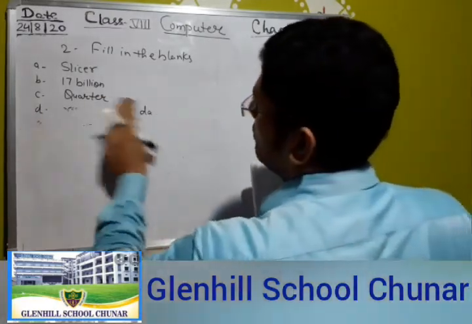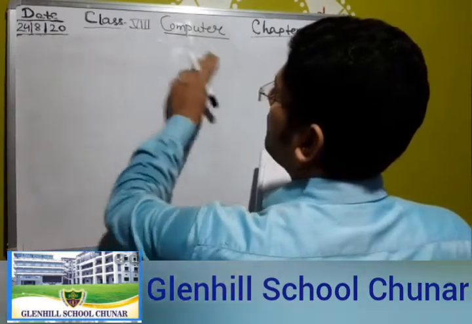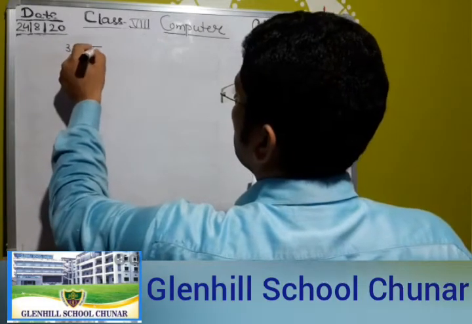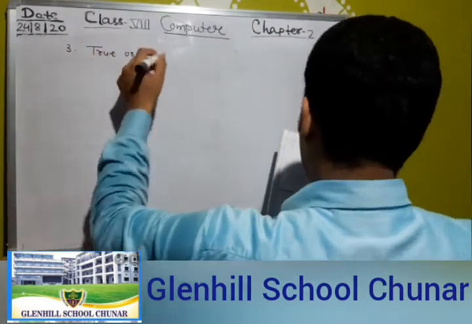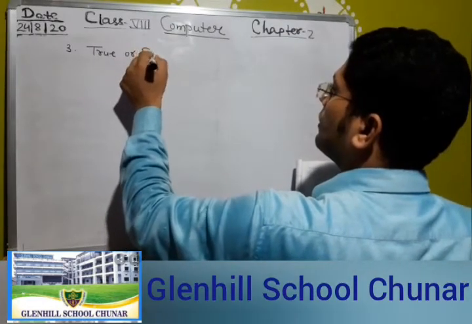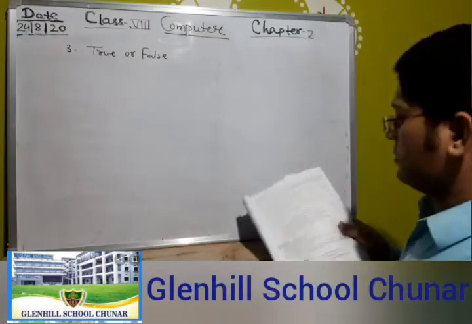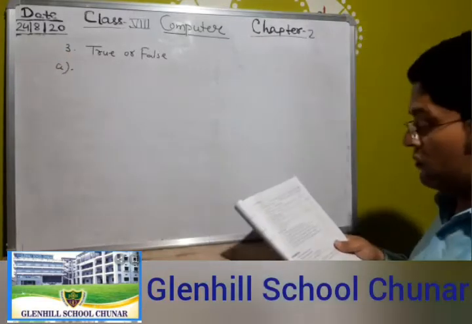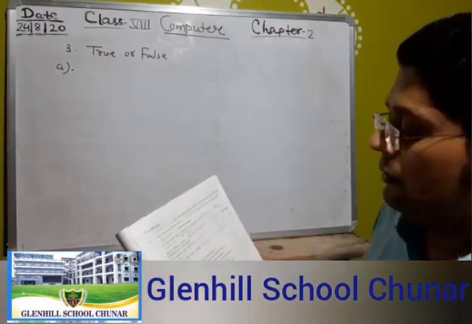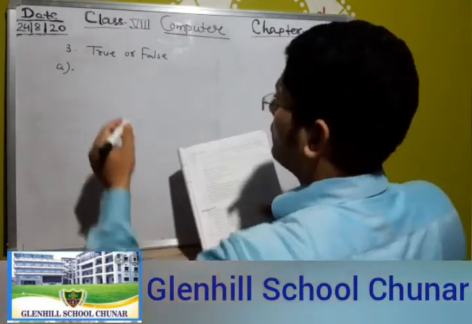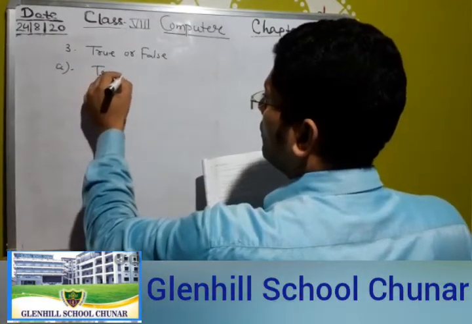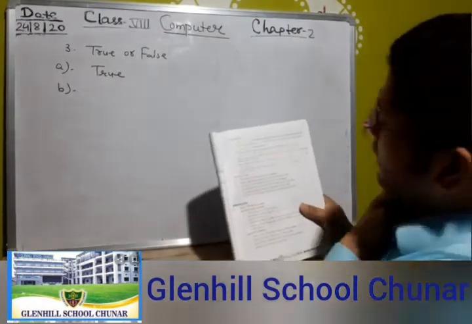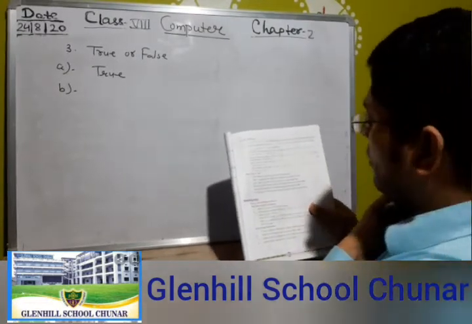And your third question, true or false? A. The number or value can be used in calculation, that's true. B. Data is organized horizontally in columns and vertically in rows.